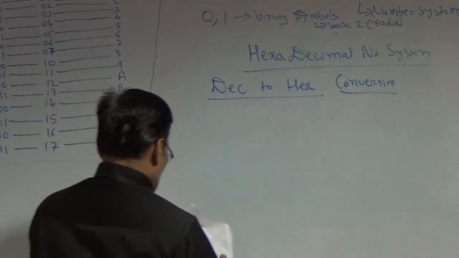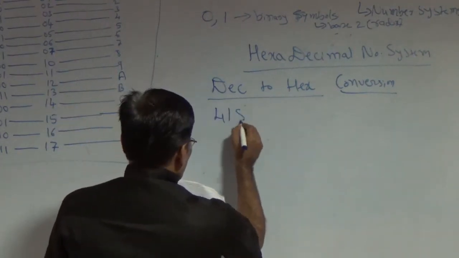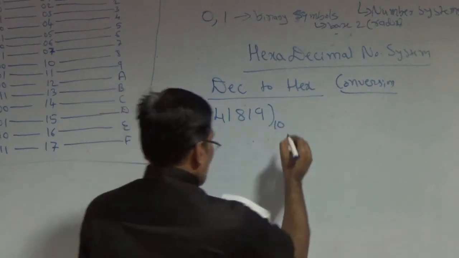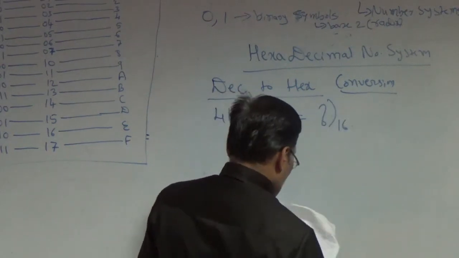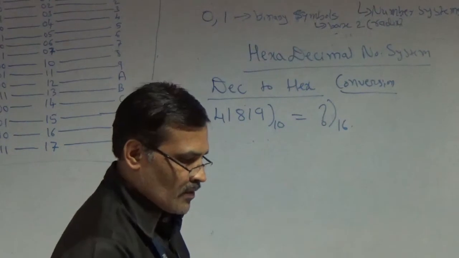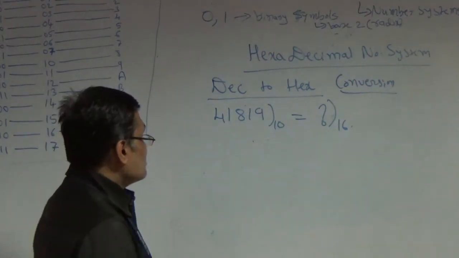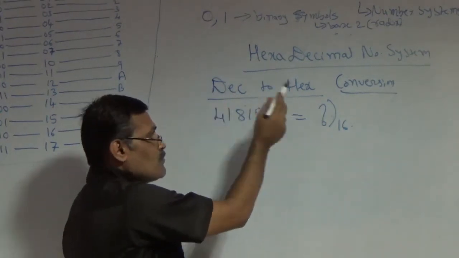So consider 41819 as a decimal number, and you have been asked to convert it to an equivalent hex number. Again in this case the process remains the same as decimal to binary and decimal to octal.